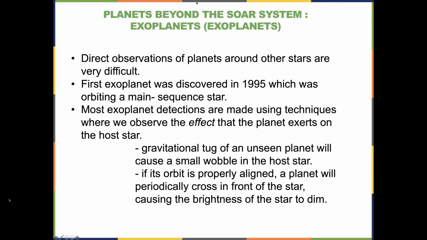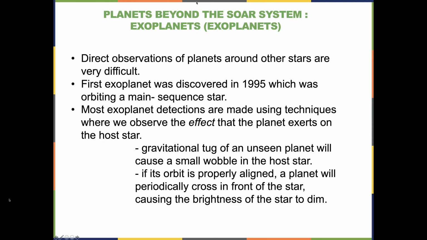Now, as you know, exoplanets means planets beyond the solar system, right? Astronomers have now found a large number of planets which are outside our solar system. The aim of this presentation is to give you brief knowledge about this area, and at the same time to explain basically how we detect exoplanets.